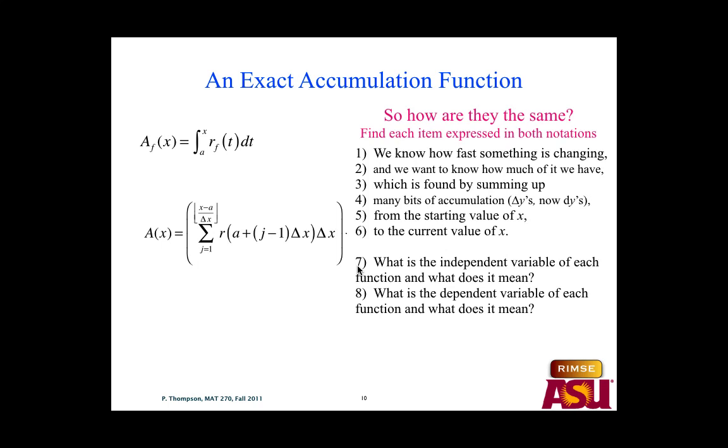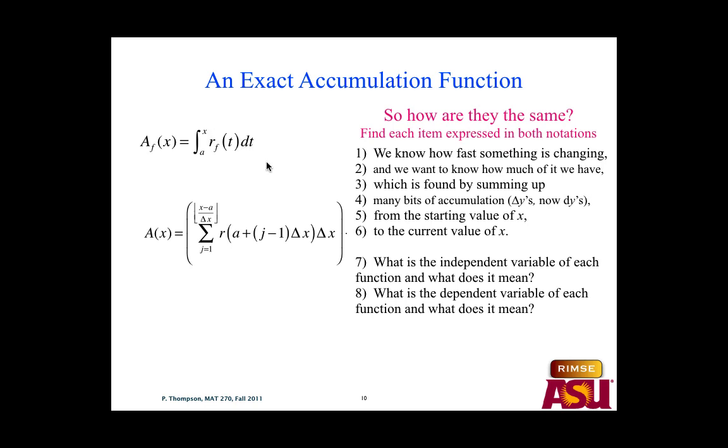So the independent variable is x in both of these, and maybe it's a point in time, maybe it's something else, but whatever that x is, it shows up in the function notation and also as where you stop accumulation. So it's accumulation up to a certain independent variable value.